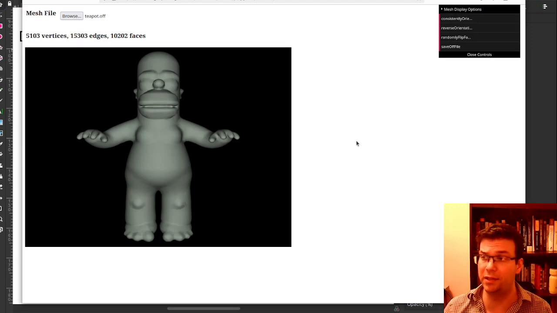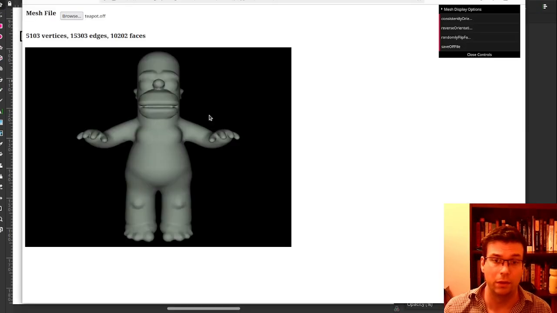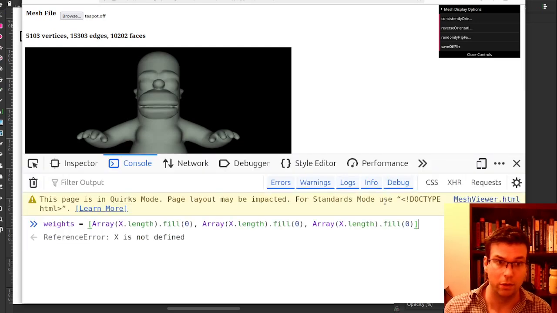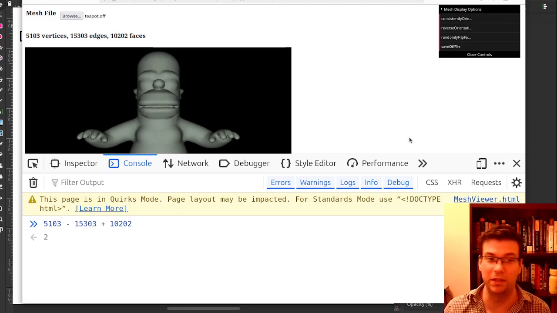Another way to look at that is I can blow Homer up to a sphere, which doesn't have any handles. So the Euler characteristic of Homer should be 2 minus 2 times 0, which is 2. And if we check that, we look at the number of vertices minus the number of edges plus the number of faces, and we get 2. So that's kind of interesting.